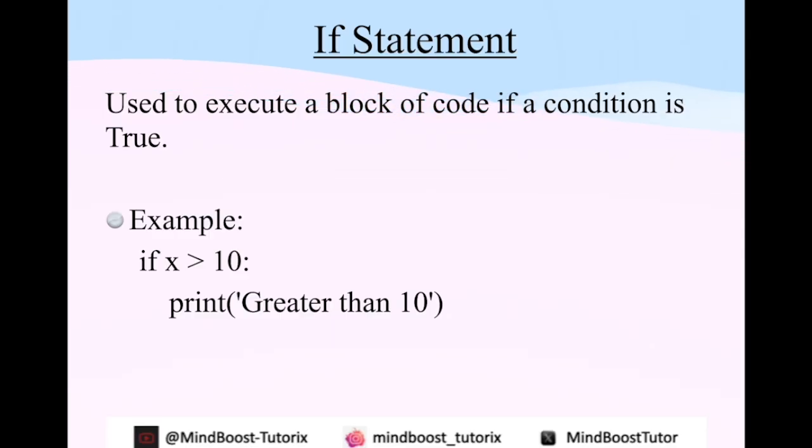So this is the one condition, and after executing this expression, x greater than 10, it will give you just a boolean value, true or false. If the condition is true, then it will give you our result, otherwise it will not give us any result, right? So this is the if condition.